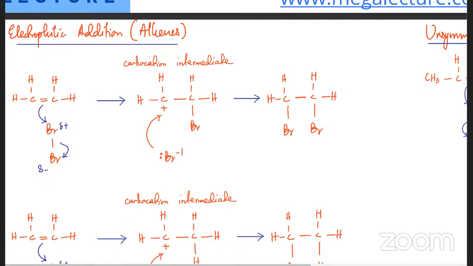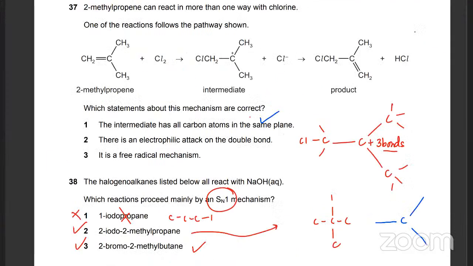The bromine will become slightly positive, the other bromine will become slightly negative, and it will get polarized because of repulsion from the double bond electrons. Anything that's attracted to electrons or the negative double bond is electrophilic. So this thing is an electrophile. Alkenes always have electrophilic reactions. So the second statement is also correct: there is going to be an electrophilic attack. Is that clear?